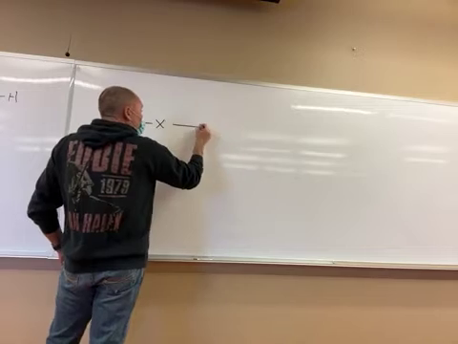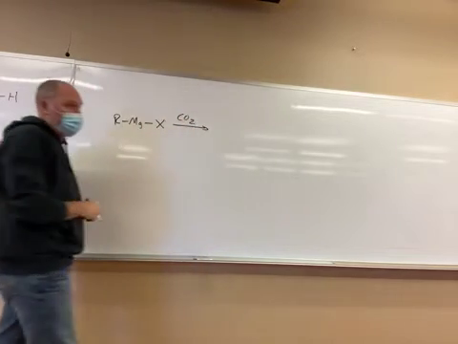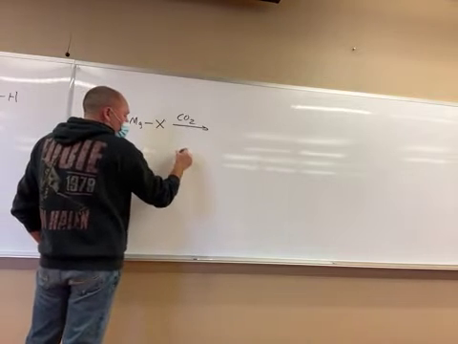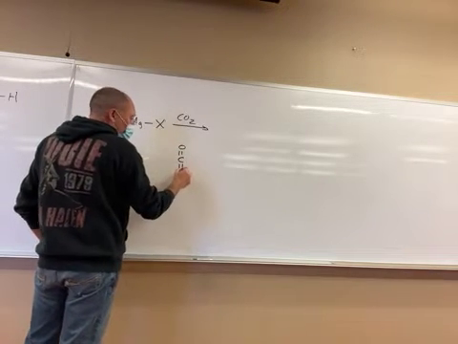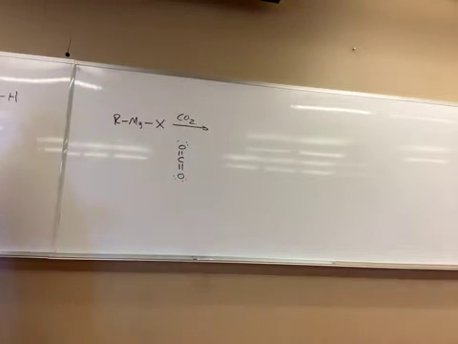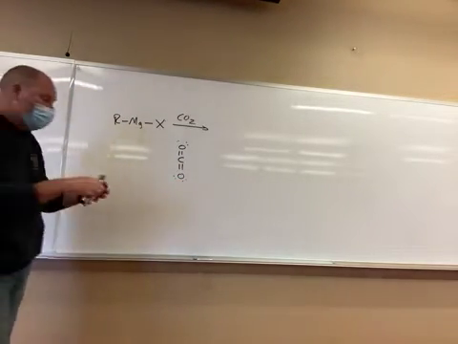But if I take the Grignard, and I react it with something like carbon dioxide, okay? Carbon dioxide is a fairly non-polar molecule, but the carbon itself is still electrophilic.